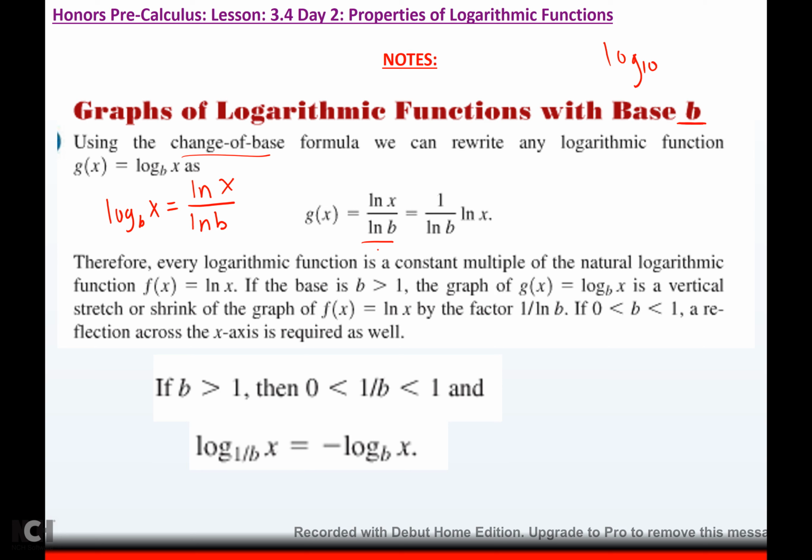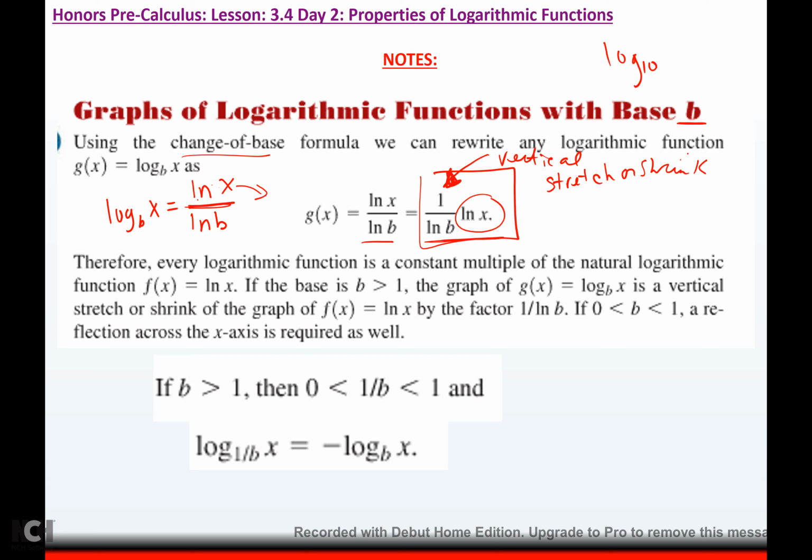And then what they do, and this is so that you can see the transformations, they just say that if the top thing is your ln of x, if I basically factored out ln of x, what that would leave would be 1 over, like if you took this out and put it to the side, that would leave 1 there. So that's why they write it this way. And the reason they do it is because this right here will be your vertical stretch or shrink.